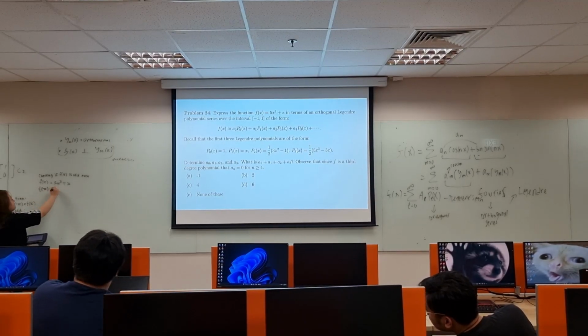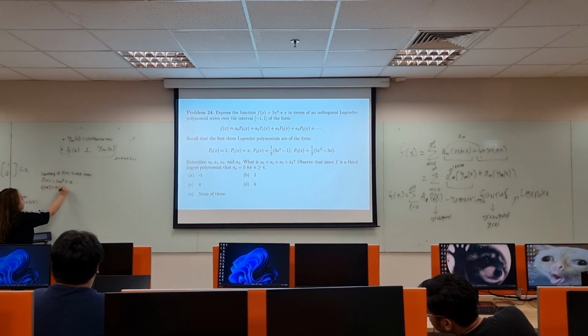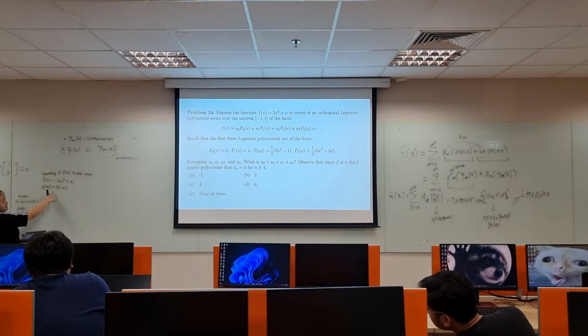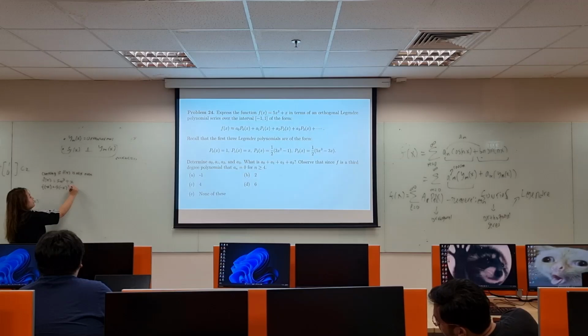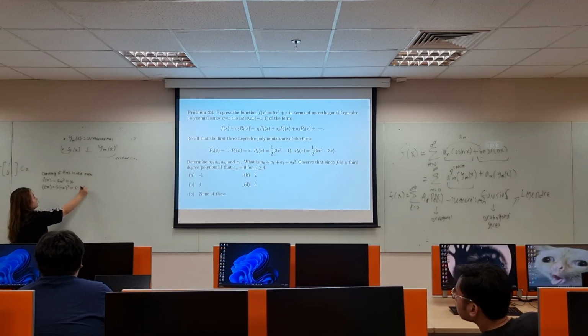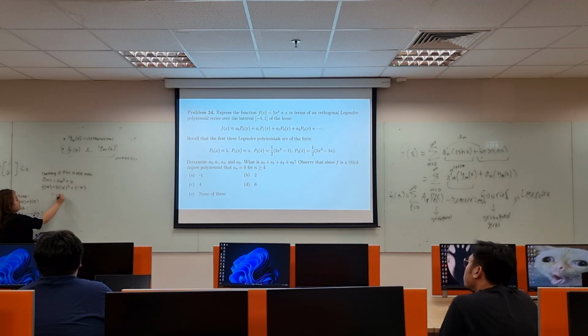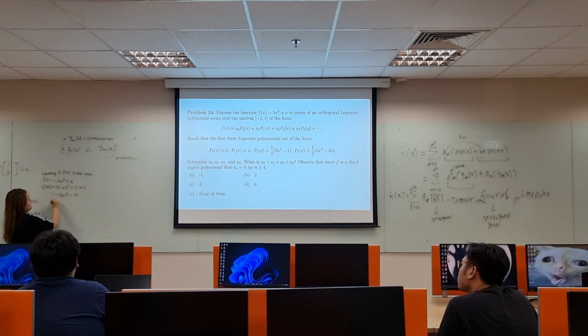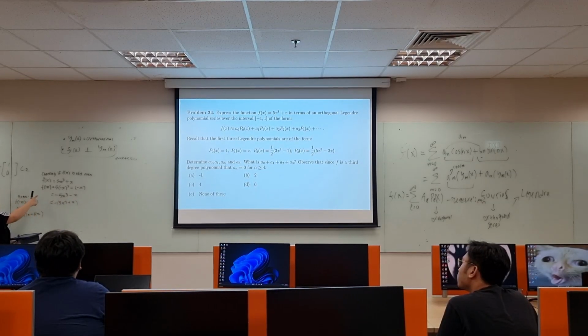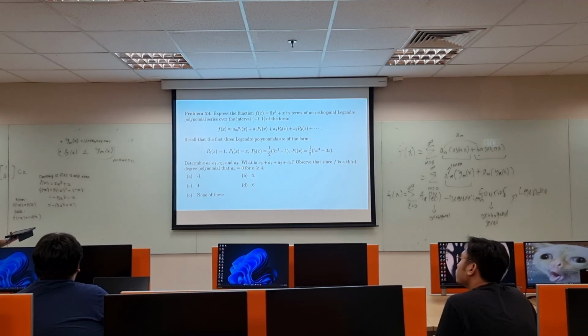Let's try checking this one. We substitute negative x here, and we get negative 5x cubed minus x. This is a negative function, so we know that this function is odd.